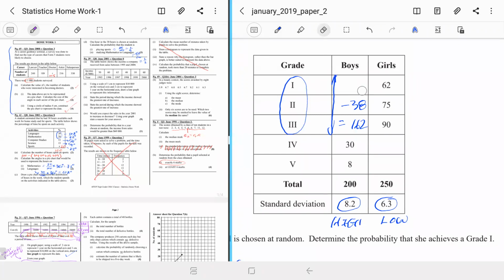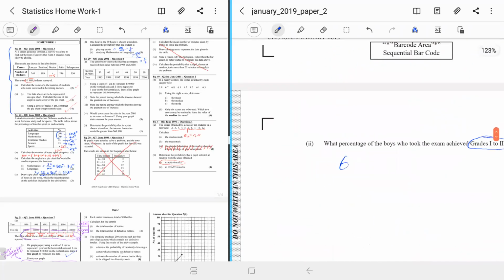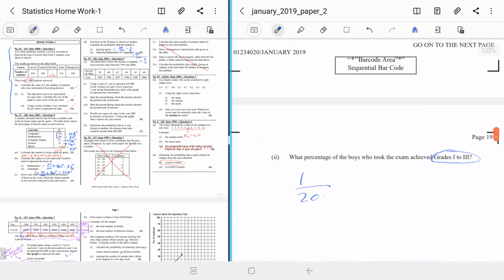Do you understand? Yes, sir. Good. And I want to know the percentage of them who get that. 162 of them get between grade 1 and 3, out of 200 students in all.